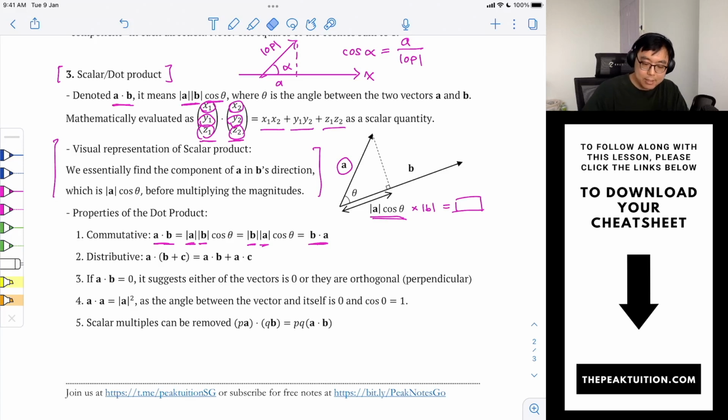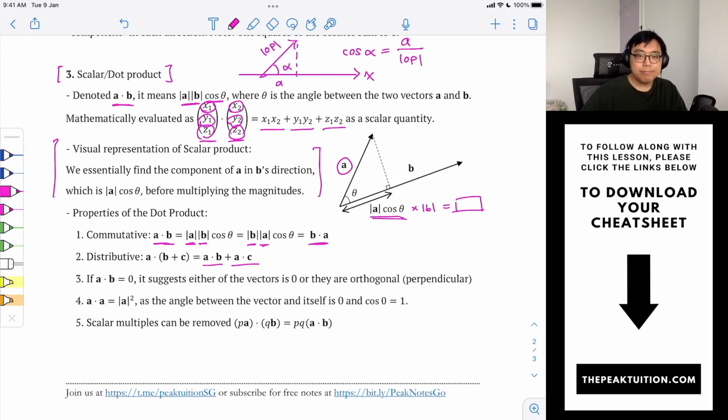Another thing is dot products are distributive. If you do A dot B plus C, you can just think of it as A dot B plus A dot C. You can just break them up and calculate separately if it's more convenient to do so. If A dot B is 0, it suggests that either of the vectors is 0 or they are perpendicular. If they are perpendicular, naturally they would not have a component of each other in their direction, so the dot product will be 0.